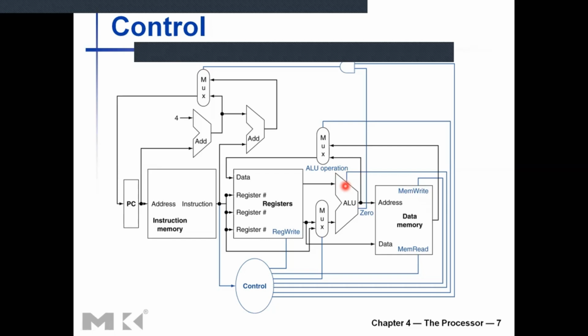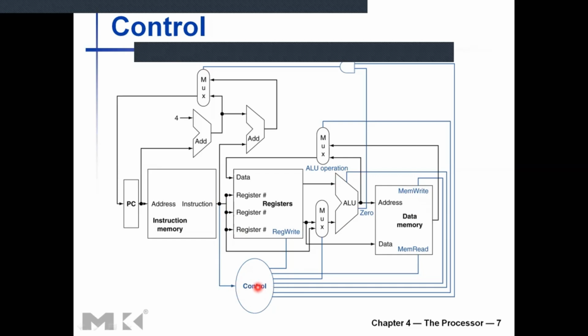All these control signals are generated by the control unit based on the decoding of the instruction, based on the format of the current instruction that we fetched into the CPU.